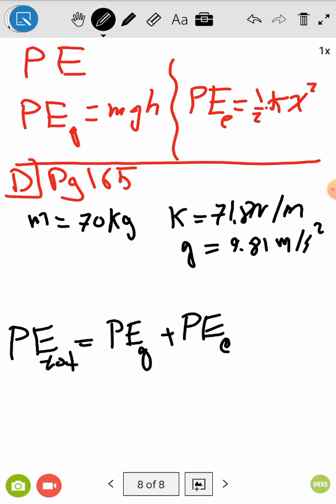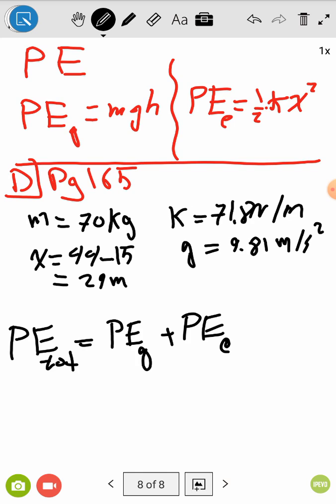For x, we care only about how much the elastic object is stretched or compressed. It's written that the unstretched length equals 15 and the stretched length equals 44. So x equals 44 minus 15, the stretched length minus the relaxed length, equals 29 meter.